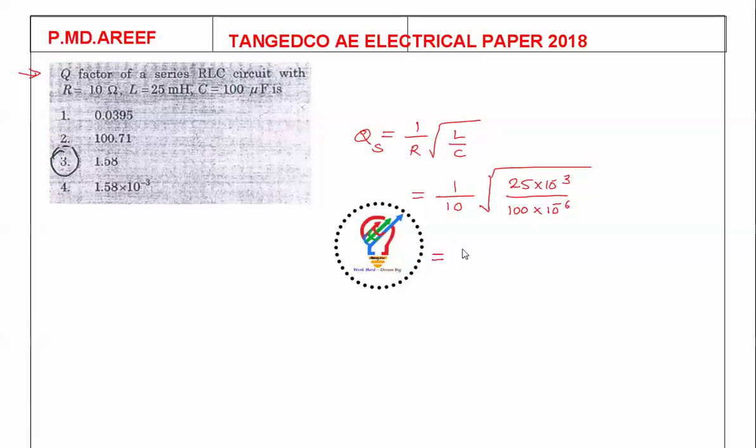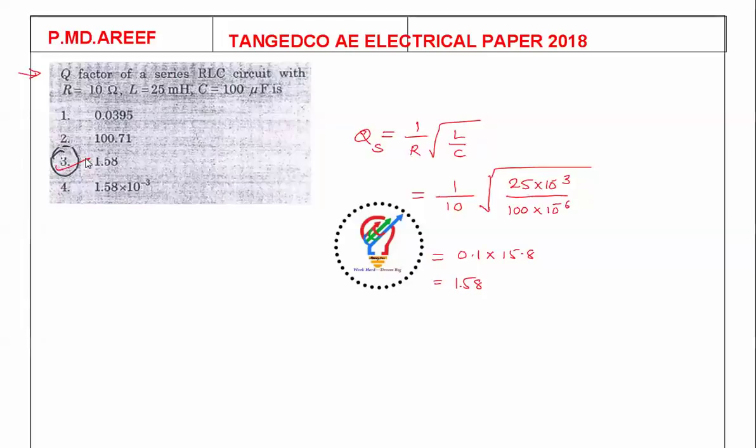If we solve this, we get 0.1 into 15.8, which is 1.58. That is the answer for this question.